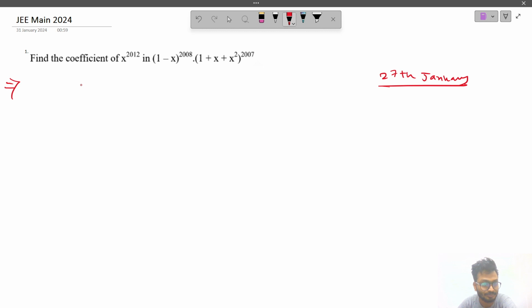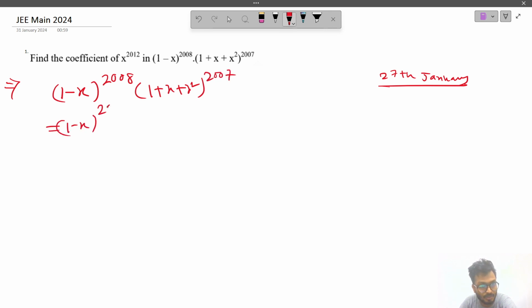So let's check it. Find the coefficient of x to the power 2012 in this expression. What is given? (1 minus x) to the power 2008, (1 plus x square) to the power 2007. Now we can write it as (1 minus x) to the power 2007 and (1 plus x square) to the power 2007 into (1 minus x).